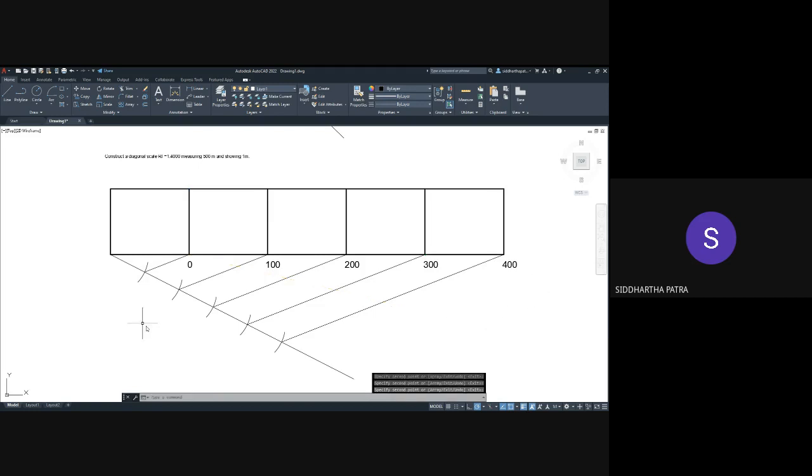Now I need to divide this segment. In order to have 1 meter, if I divide one of the segments to the left of 0 into 10 divisions, then I have 10 meters. But in my problem statement, I'm supposed to get 1 meter.